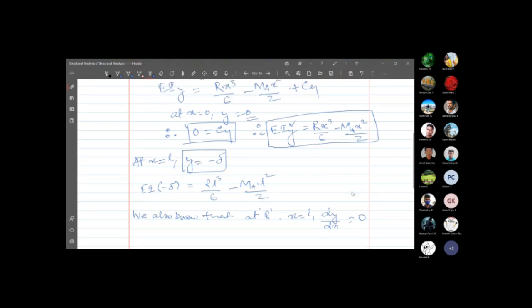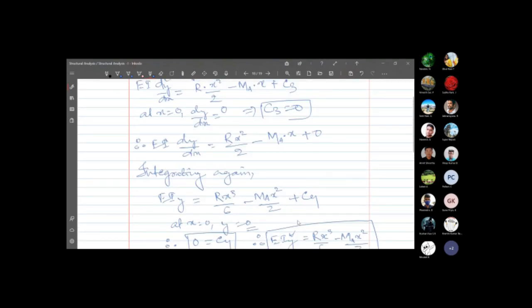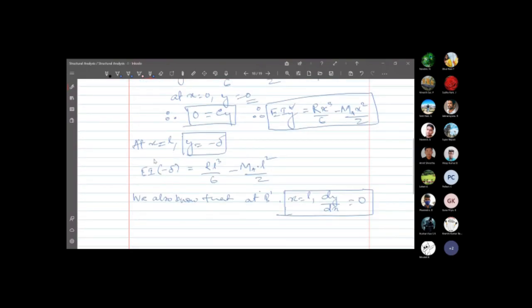So if I substitute this value in the slope equation, all of you please put that value and find out.